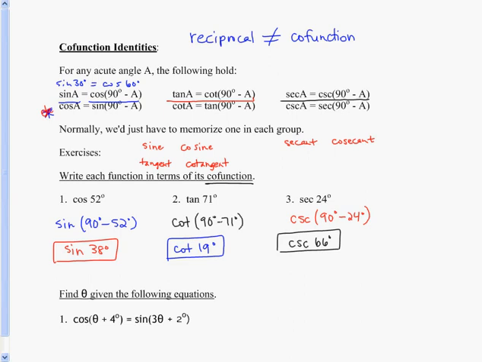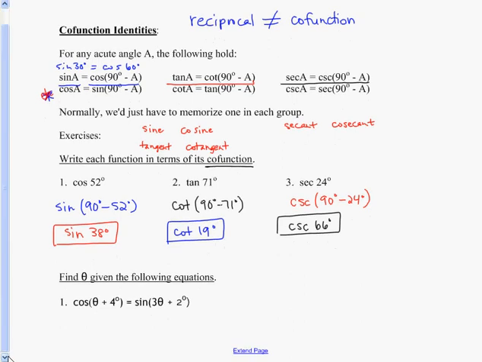Now let's look at this last problem and see if you're really connecting. Cosine of theta plus 4 degrees is equal to sine of 3 theta plus 2 degrees. And what I want to know is, what is theta? Well, it goes right back to that page we talked about a minute ago. With cofunctions, this angle here and this angle here are complementary.